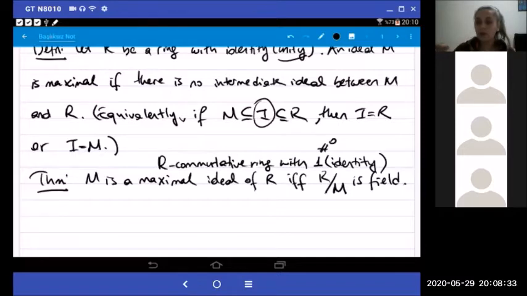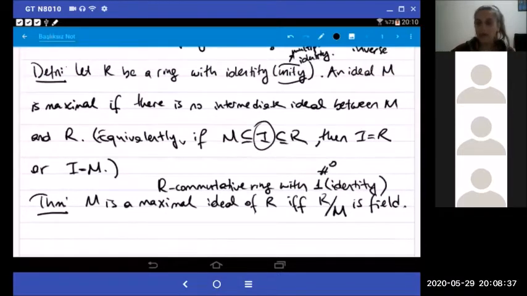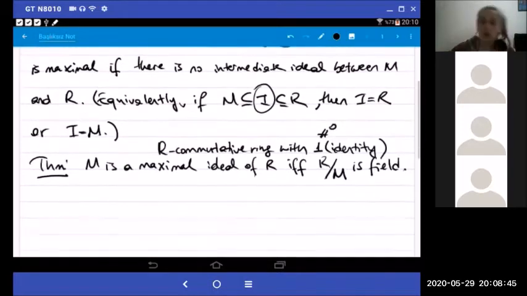While approaching a question, you can use either directly the definition, meaning take an intermediate ideal and show that it has to be equal to your ideal or the whole ring, or you can look at the quotient of the ring with your given ideal and see that that quotient is a field. And this is a two-sided implication.